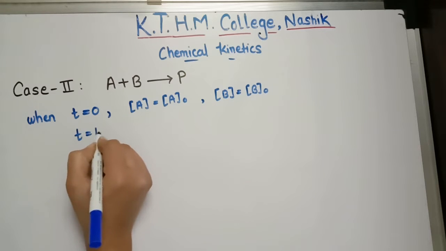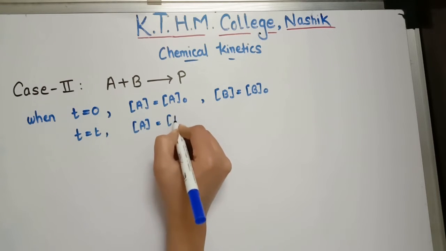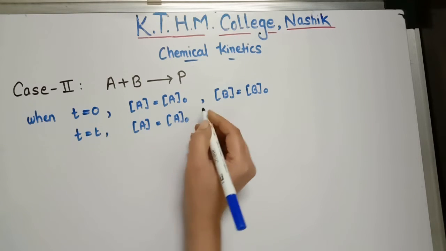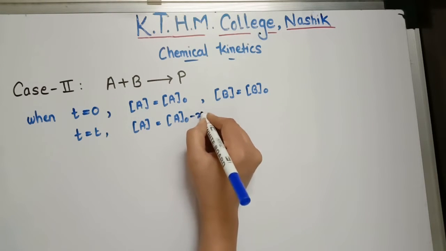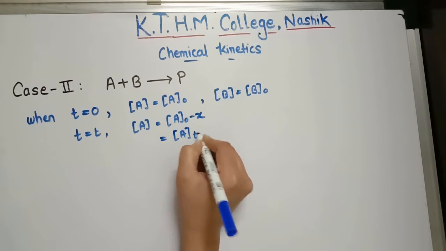At time t, the concentration of A will be A naught minus x, or A at time t.